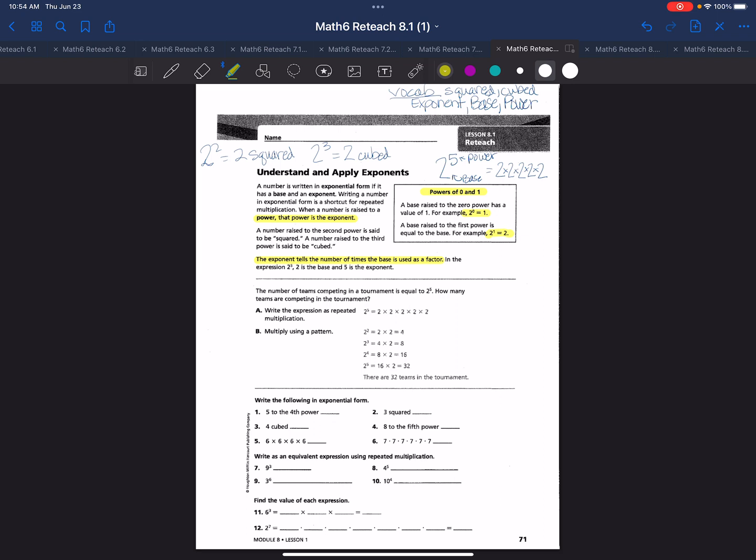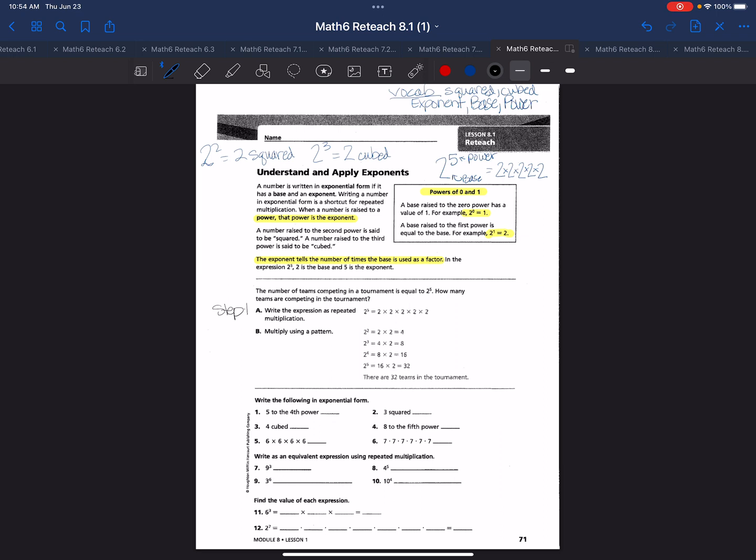The number of teams competing in a tournament is equal to 2 to the 5th power. Step 1 will be how many teams are competing in the tournament. So step 1 when you have exponents is you want to write them as repeated multiplication.